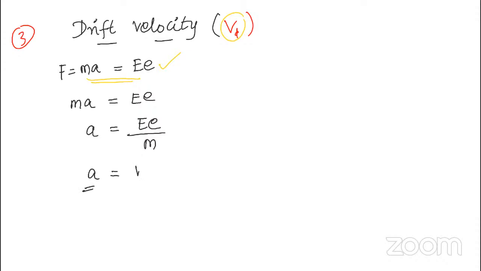So simply we write velocity by time, that is V_D divided by T.